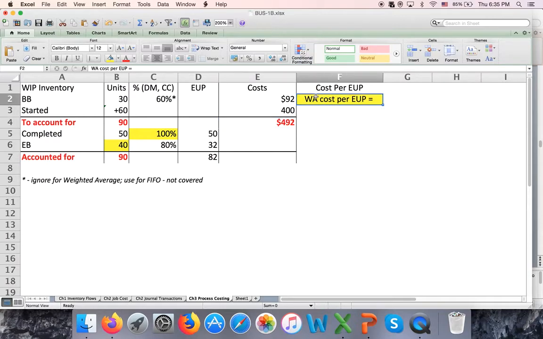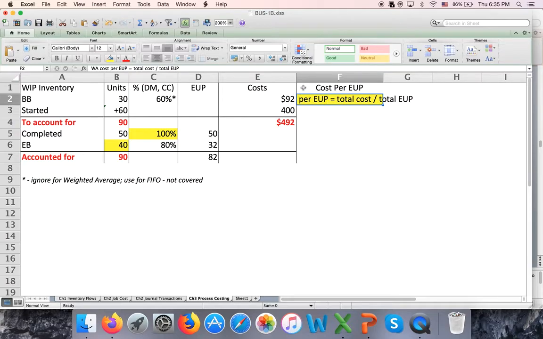So the formula for the weighted average cost per equivalent unit of production is my total cost divided by total EUP. Now, for your problems, you will have to calculate it separately for direct materials and conversion costs, which just separates it into two different calculations. But here, I'm going to keep it simple.